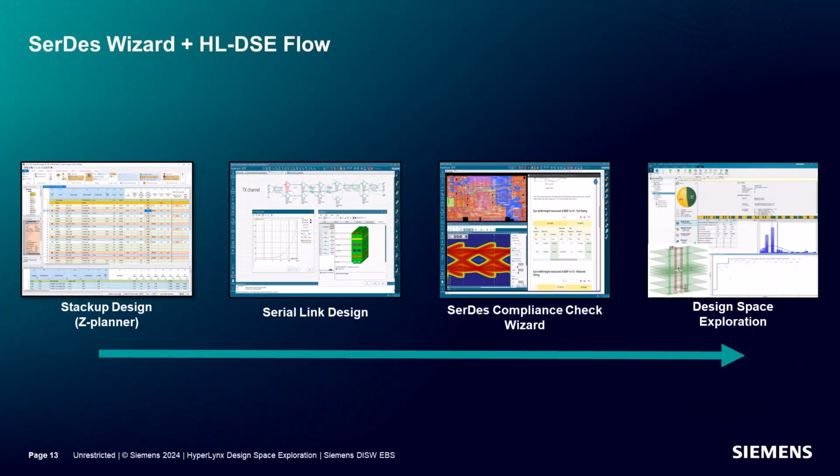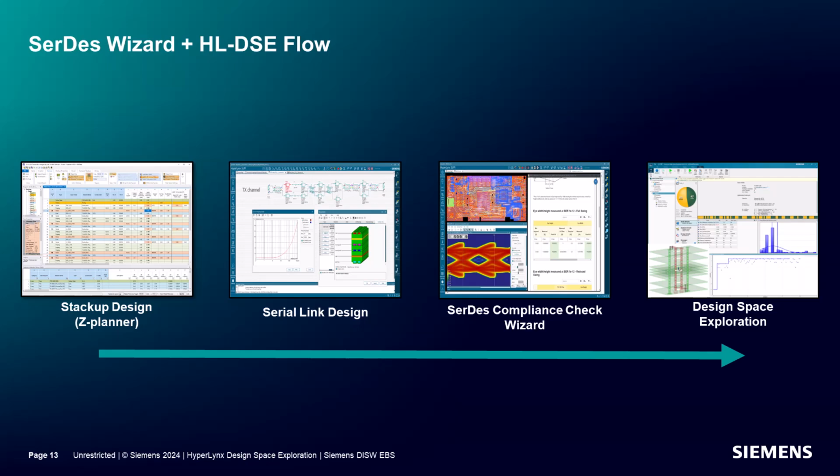When using the SerDes Compliance Check Wizard to analyze a SerDes channel design, we typically receive a report with information regarding S-parameters, return or insertion loss, etc. But you're in charge of finding the right elements to change or adjust for the design. With the SerDes Compliance Check Wizard integrated with DSE, you're able to further investigate your channel by studying the sensitivity, reviewing robustness, and creating surrogate models of your structure that can be used for further analysis.